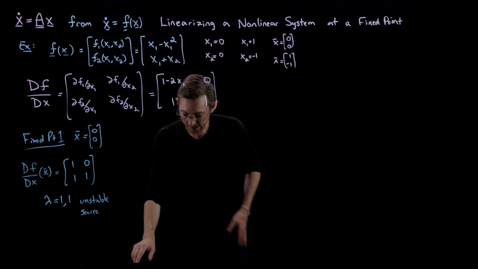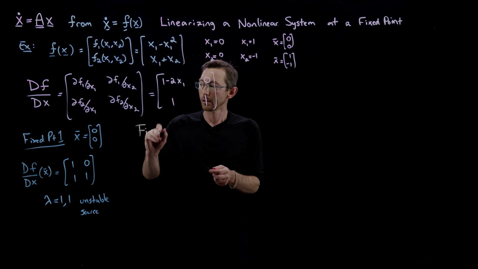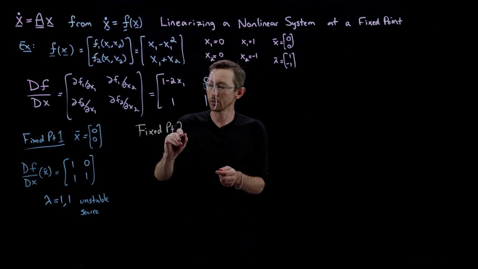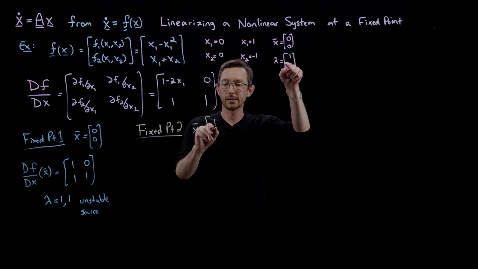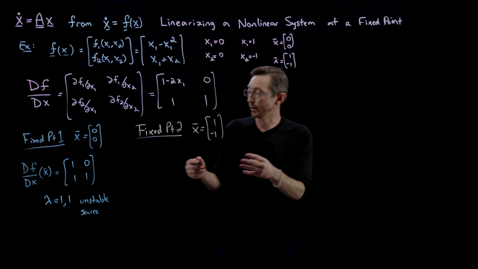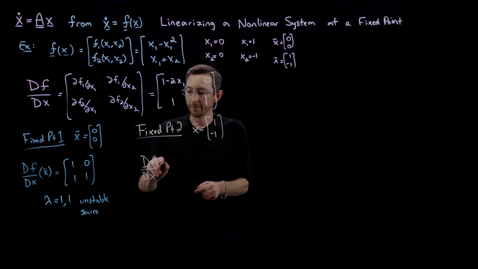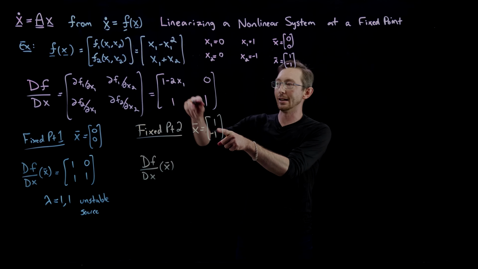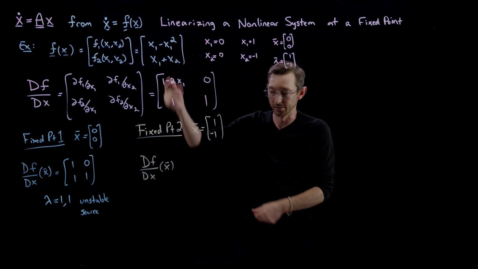Let's look at my next fixed point. Maybe I'll do this one in orange. So fixed point 2, x bar equals, what was it, 1, -1. Again, I'm going to compute df/dx and evaluate it at x bar, literally meaning I plug in 1 for x1 and -1 for x2, but there are no x2s here.